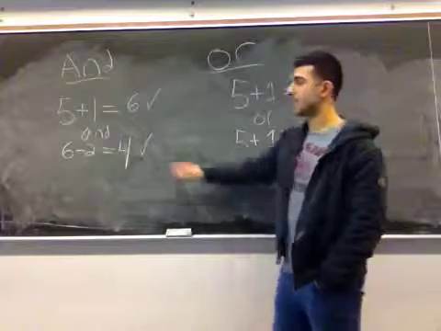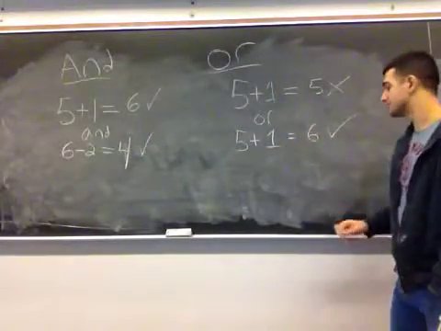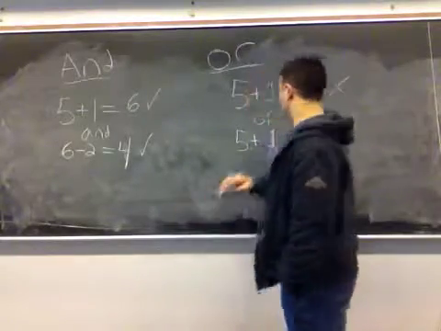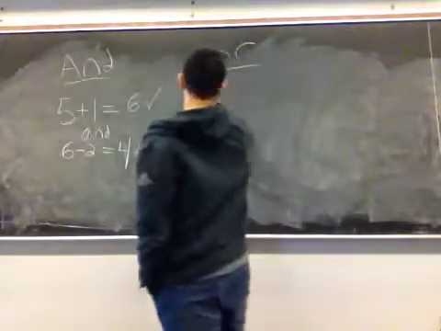So on the first one, both of them had to be true. In this one, only one had to be true. And I guess let's do some kind of picture to help you understand the difference.